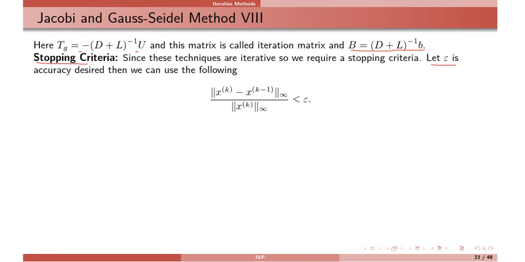xk minus xk minus 1, so subtract two consecutive stages, and the error will also be a vector. If you have a 3 by 3 system, the error will be a column vector having 3 elements. Then take the norm of the error, which is the largest component in magnitude, and divide by the norm of the updated value xk. Since you cannot divide a vector by a vector, we compute the norm and divide norm by norm.